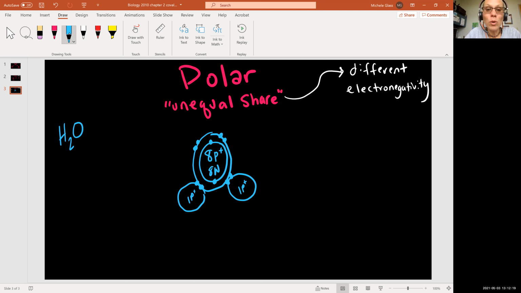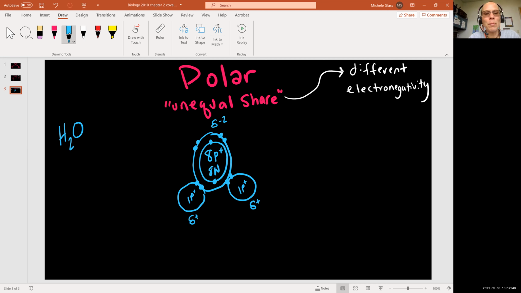So what we see is most of the time, the electrons are hanging out with oxygen. And so oxygen is going to have a slight, so we use the delta symbol, a slight -2 charge, because most of the time oxygen has 8 protons being orbited by 10 electrons. And when that's happening, then the hydrogen is kind of like just a proton for just a minute here.